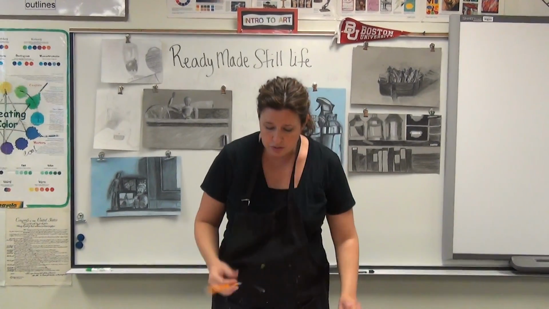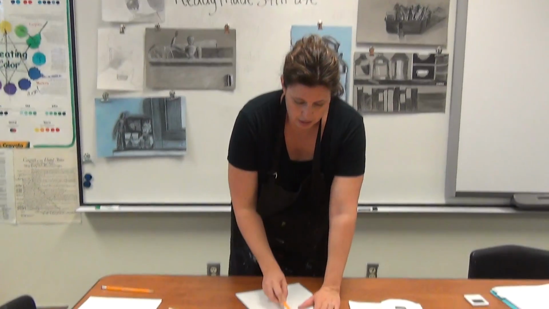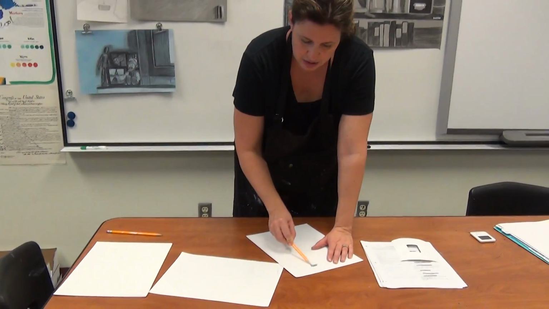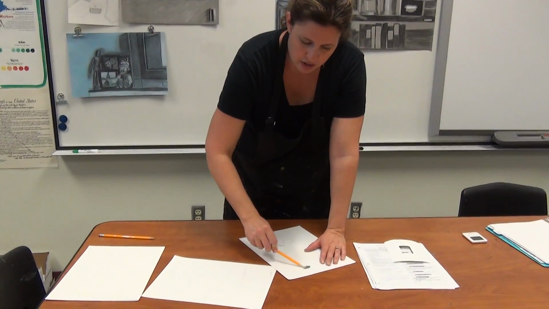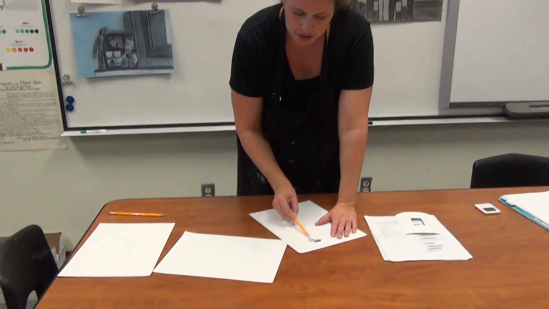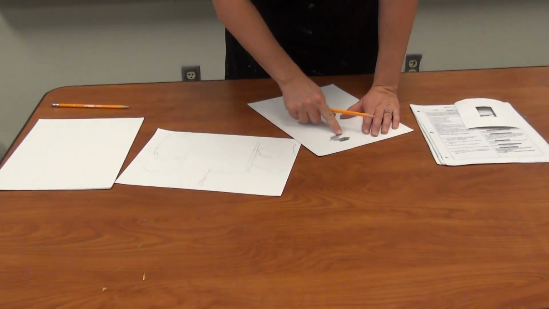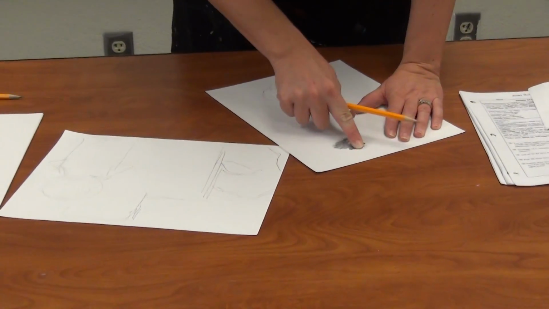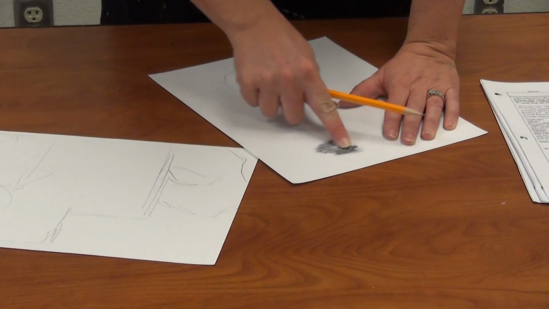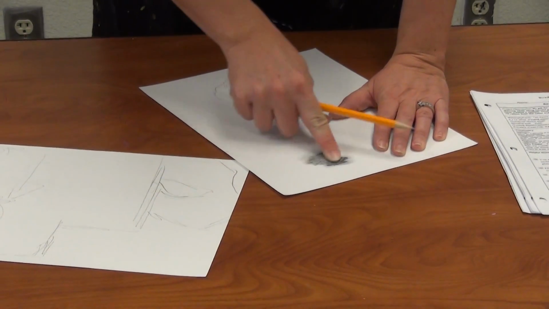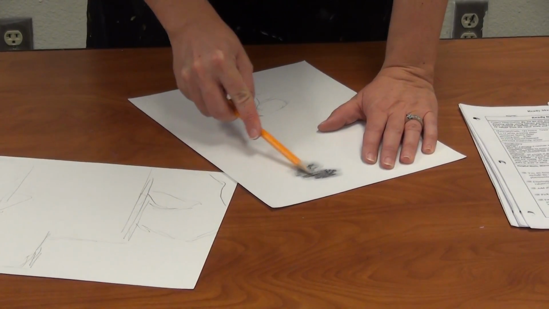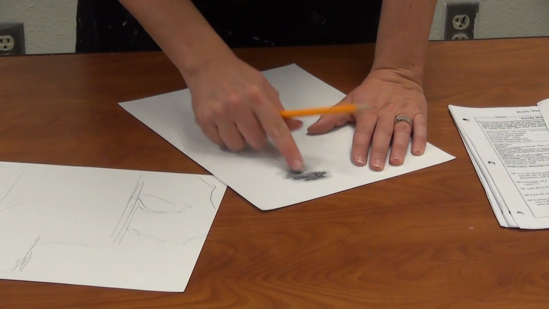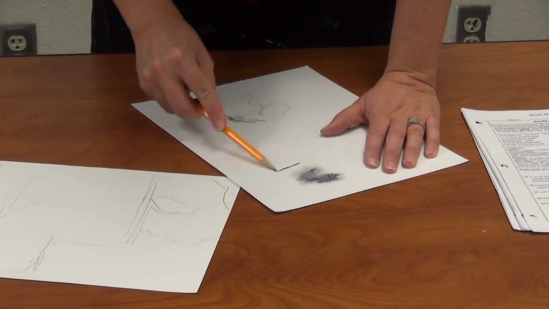Just remember values, shading. If you look down, remember, side of the pencil, if you change direction when you shade, and then you can blend even just with your finger. You can get paper towel, wrap it around your finger, and blend, but it's going to give you a much smoother value change than if you only go in one direction.